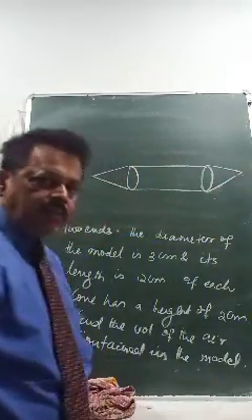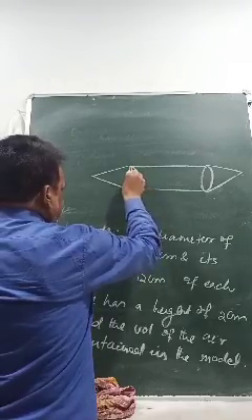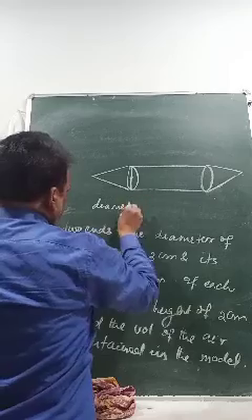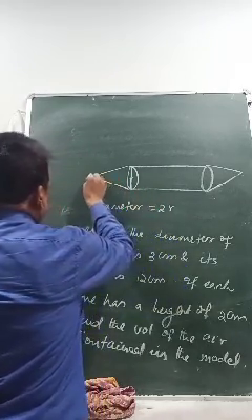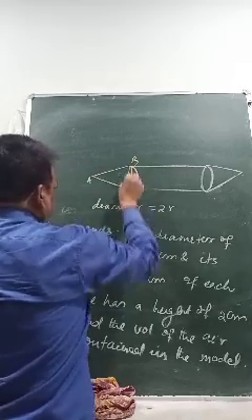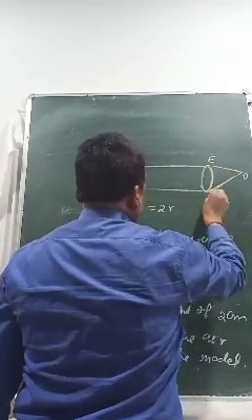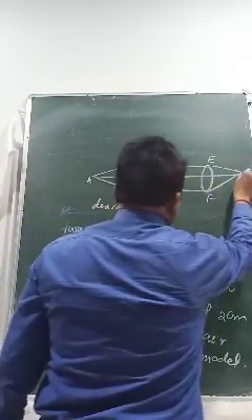Which one is the diameter? This is your diameter. Diameter means 2r. First step, this is A, B, C, D, E, F, and you join it like this.